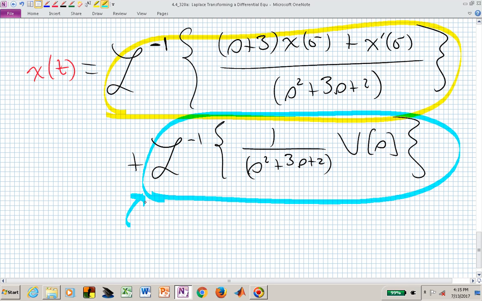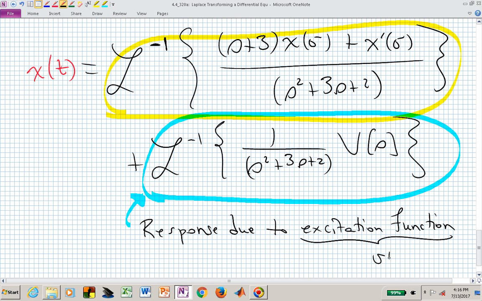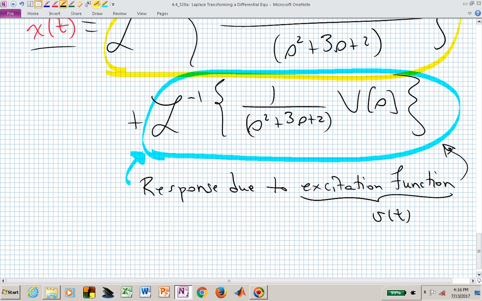We have one part that's due to the forcing function, which has a Laplace transform of capital V of S. This is now the response due to an excitation function, where that excitation function was little v of t. That's this part of the solution for x of t.